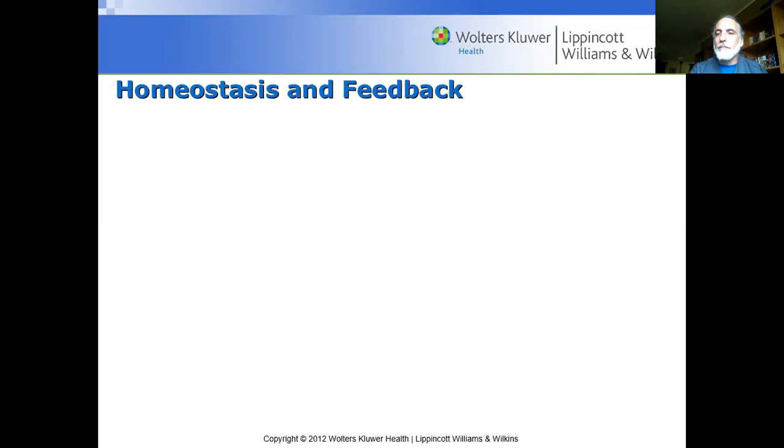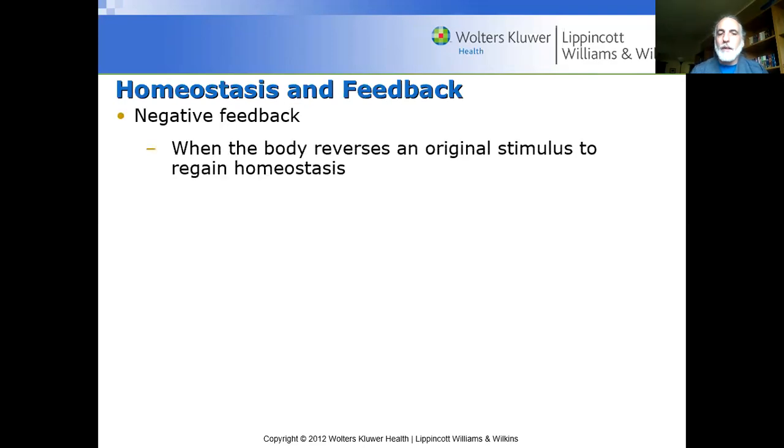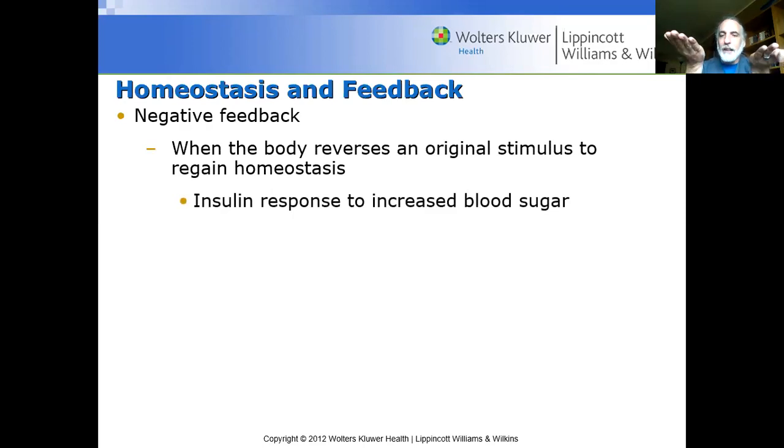So let's look at feedback. Negative feedback. Body reverses an original stimulus to again put us back in balance. We eat. Food is digested, glucose absorbed, blood sugar increases. Body's response to this is to release insulin.